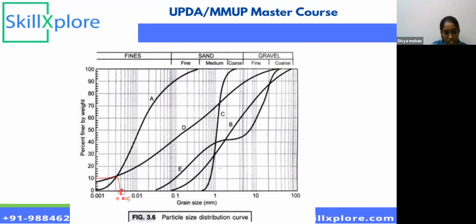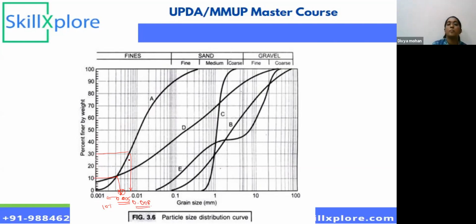So this value will be the D10 for this A graph, because only 10% of the soil particles will be less than this size. And for D30, let me take 0.008. So for this A graph, D30 will be 0.008.